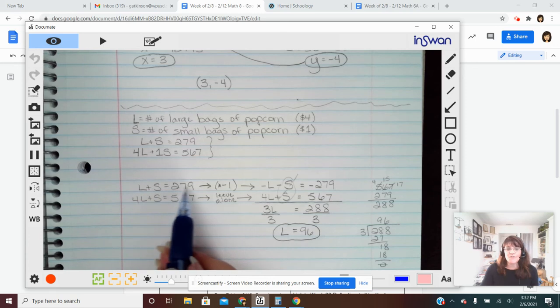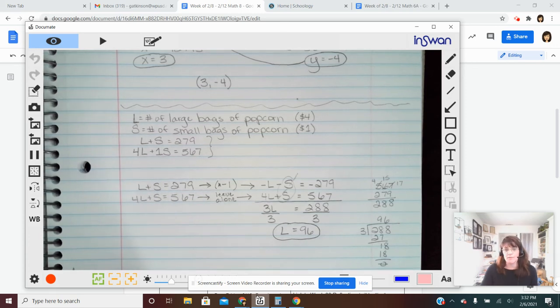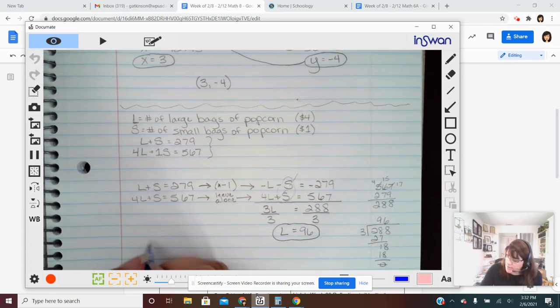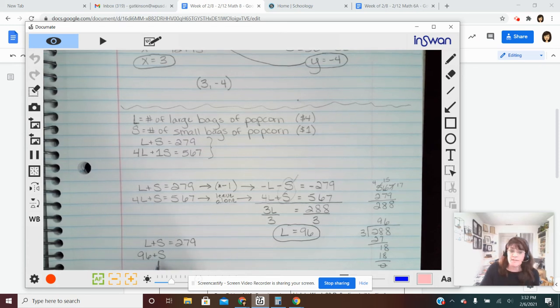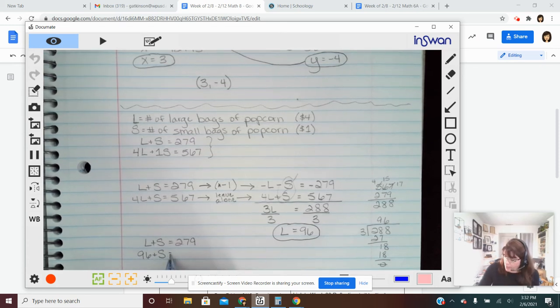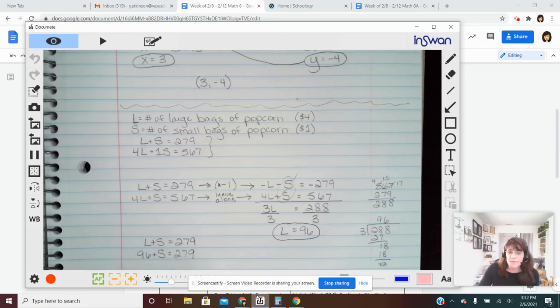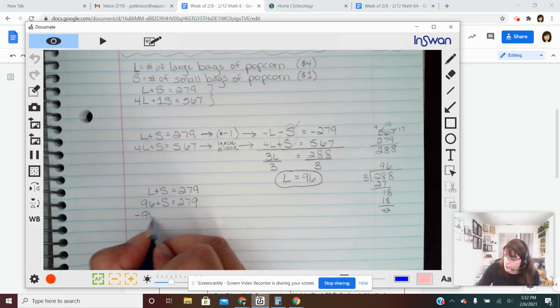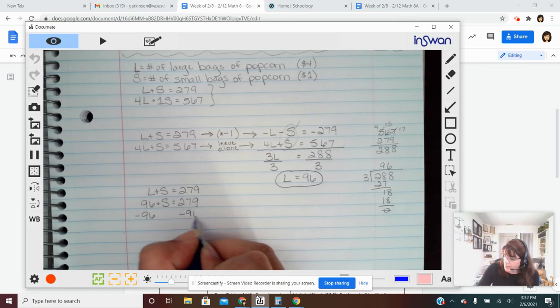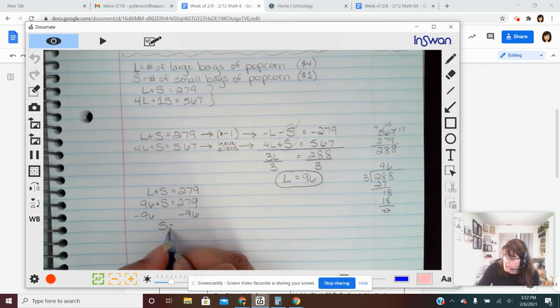Now I can substitute and find out what S equals. So if L equals 96, plus the small bags of popcorn is going to tell us how many small there are. Let's remove 96 from the total by using inverse operations.